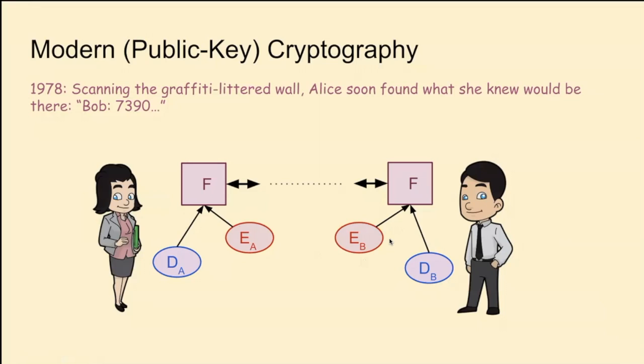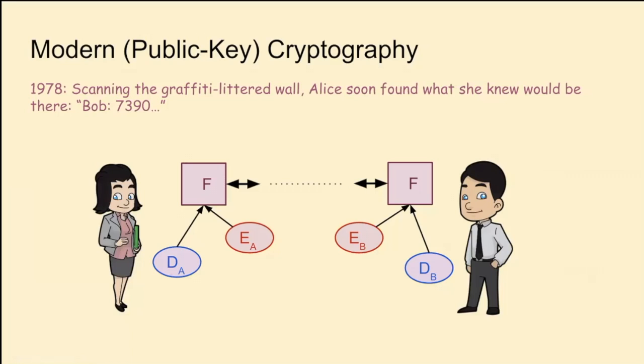The trick to making this work, of course, is to find ways of having these E and D key pairs and preserve the property that everybody in the world knowing what the E, the encryption key is, does not give them any ability to guess what the D key is.